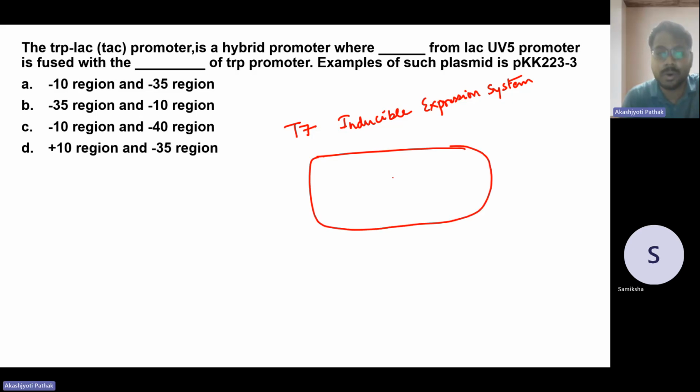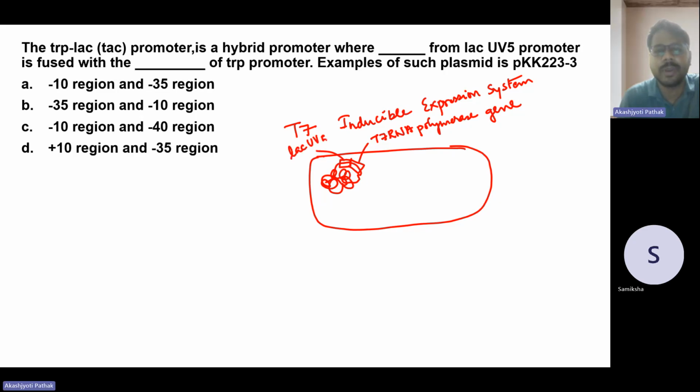This is your expression host where you want to express your protein of interest. This is your chromosomal DNA. This chromosomal DNA has the T7 RNA polymerase gene, and this T7 RNA polymerase gene is under the control of the LAC UV5 promoter.